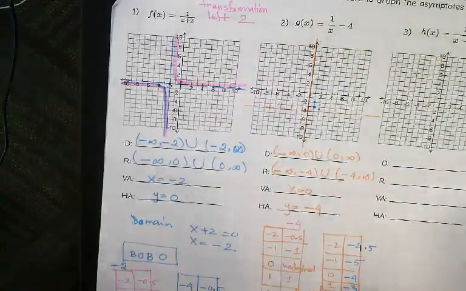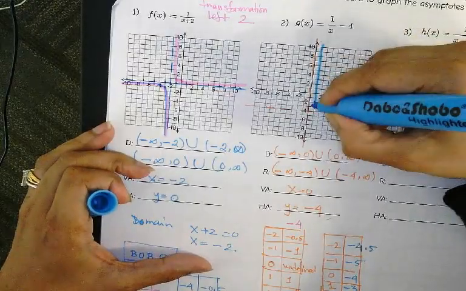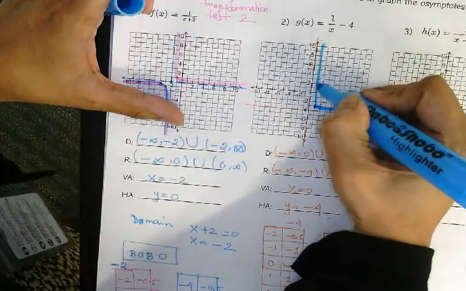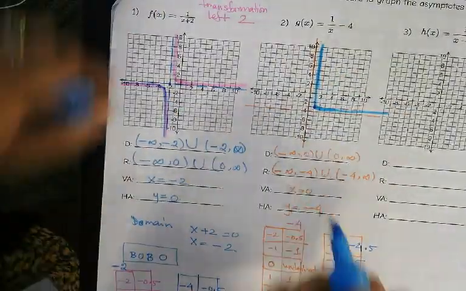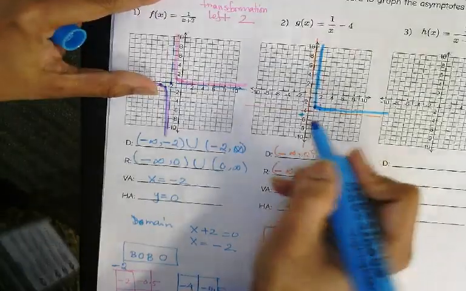So this is going to be my new graph. It doesn't look that nice though. And the other point will be over here. Negative 1, negative 5.